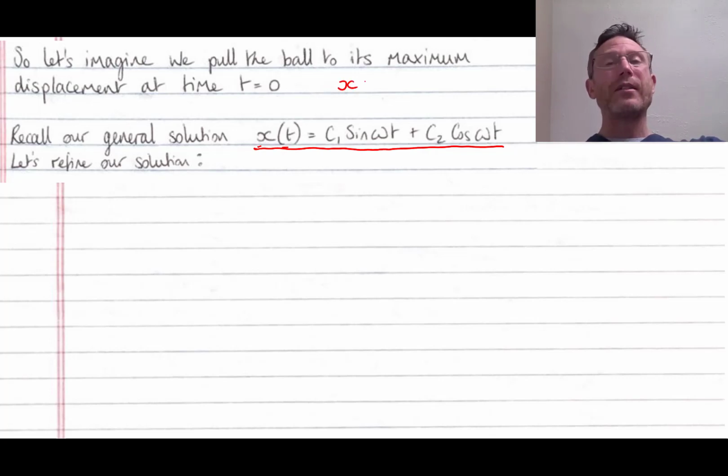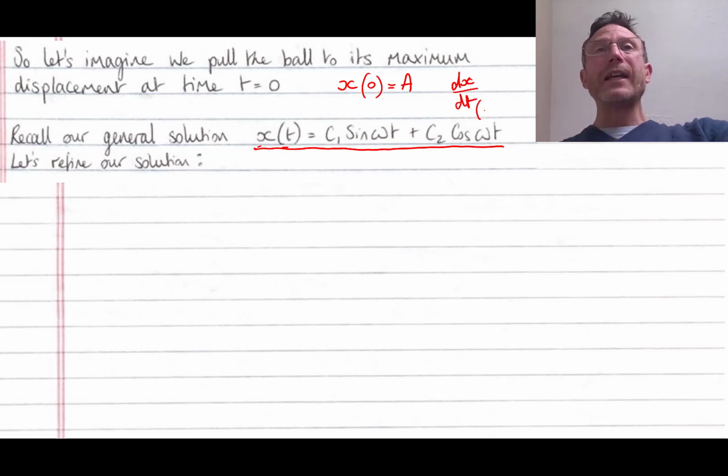We know that x at time t equals 0 is equal to that amplitude A. We also know that in general, whether a buoy on a swing or the ball in simple harmonic motion, when we've pulled the ball to its maximum displacement, the velocity is 0. There's a turning point. The same goes at t equals 0, so the velocity dx by dt at t equals 0 is also equal to 0.